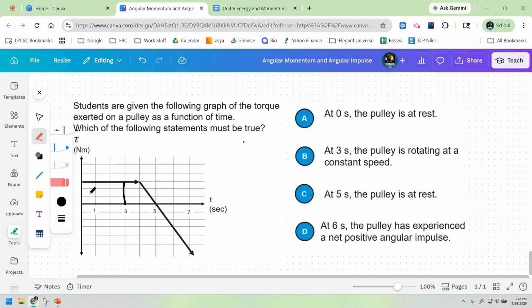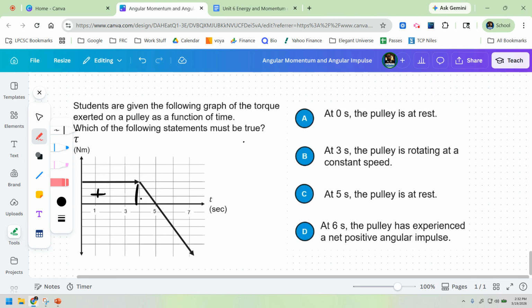Let's think about this in terms of angular impulse, okay? And remember that the angular impulse has something to do with the velocity. So the angular impulse here would be positive, and in fact we could do the math on that, right? If this is 3, this would be like 9, right? And actually, we could go beyond that because it says 3 seconds, but the angular impulse is positive up to 4 seconds, right?